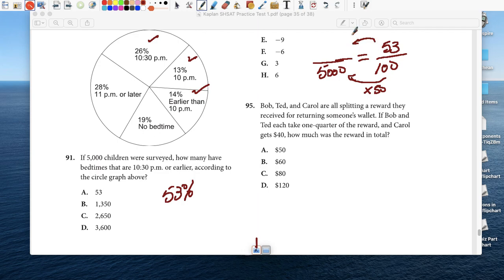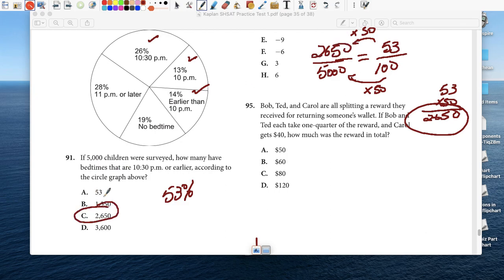Do the same thing on the top. 53 times 50 is 2,650. That's my answer. So you could have, again, cross-multiplied or just found that relationship.